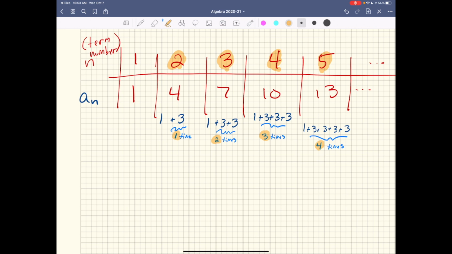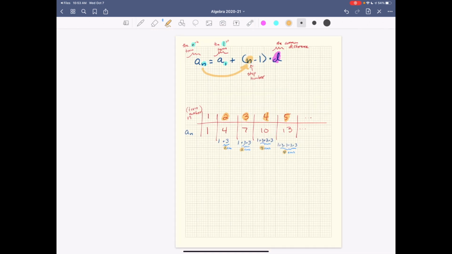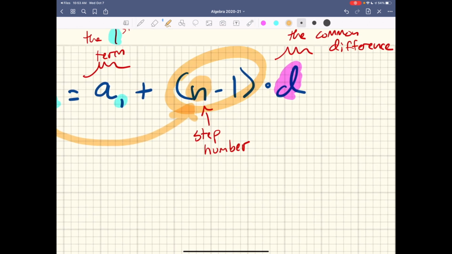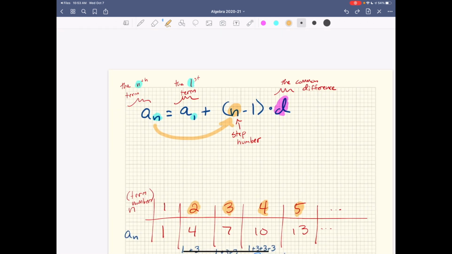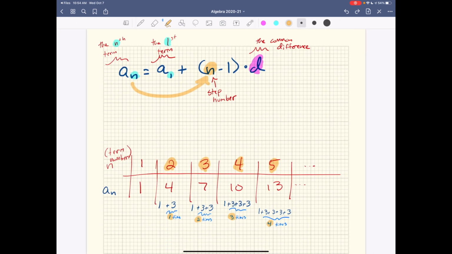We always use 1 less common difference, right? That is what is going on here in our explicit definition. N minus 1 is counting how many of the common differences we need. We always need 1 less than whatever the step number is that we're interested in.